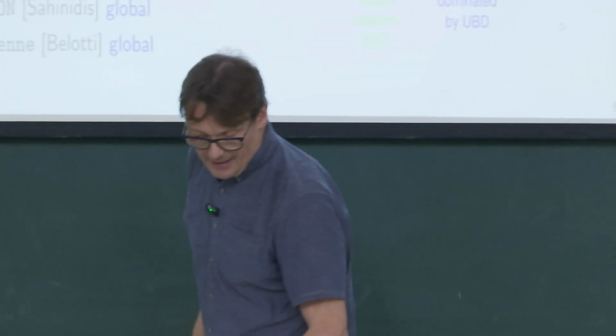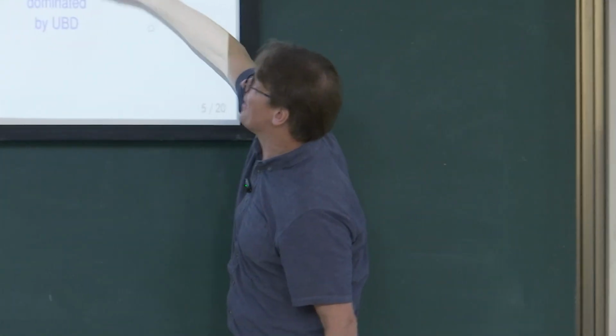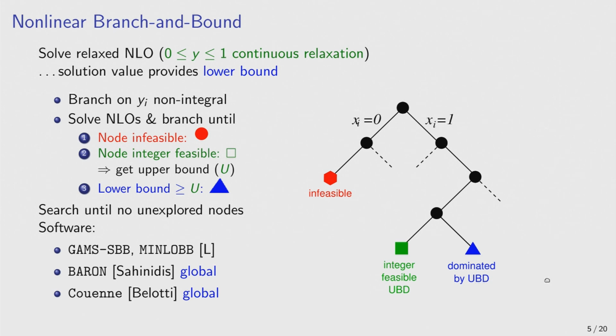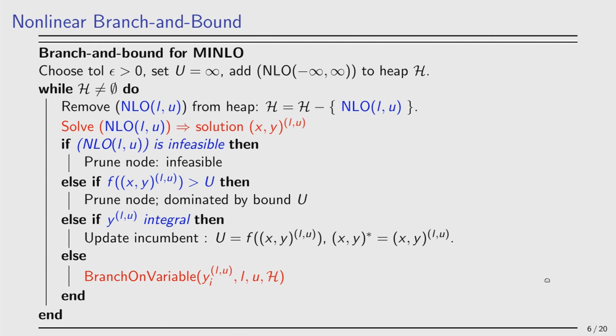If I go back, even after a few branches, you have a lot of options of which problem to solve next. There's some advantage in just going down the tree, on diving, because that means the changes to the previous node are small or limited. But sometimes it's also good to look for nodes which have good bounds, because you want to find good solutions. So there are different strategies there. But let's assume all you need to do is really find one of the problems and take it out. Solve that problem. So you need to solve a nonlinear optimization problem there in the red line. And that's quite expensive.